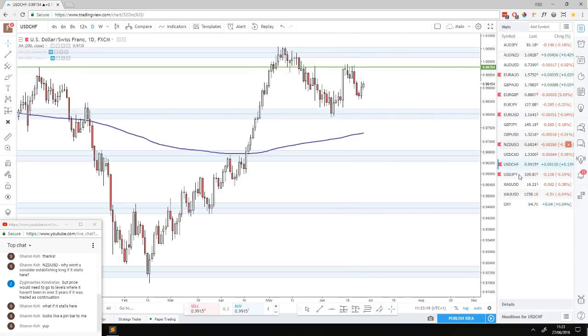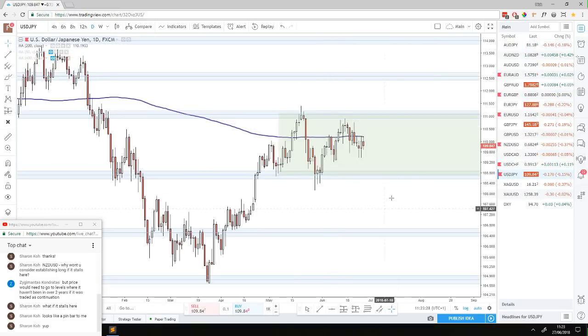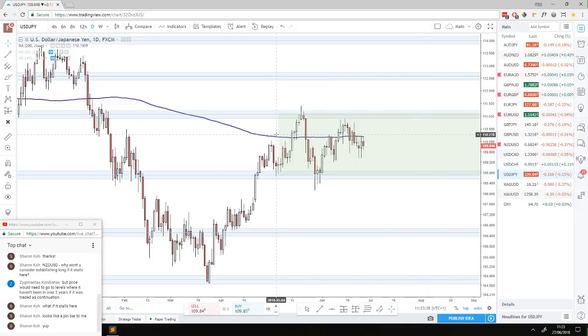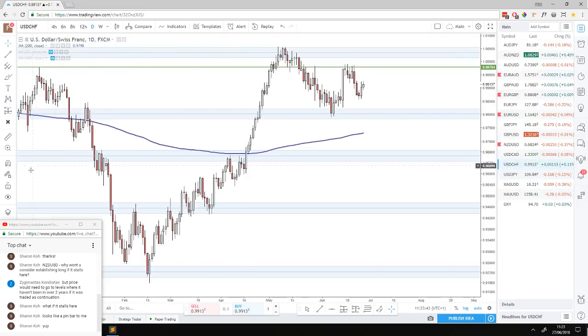USDCHF, I mean, we went over this in yesterday's analysis. There's nothing much going on here. Just watch out for a potential range, as you should with USDJPY, but nothing much going on there either. I'm just going to unmark these right now, to be honest, and I'm actually just going to draw a separate one instead of copying and pasting.